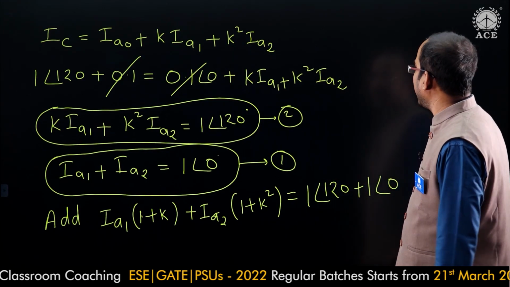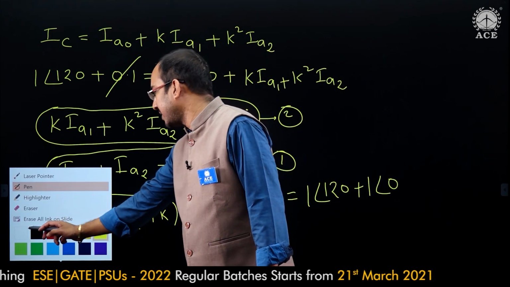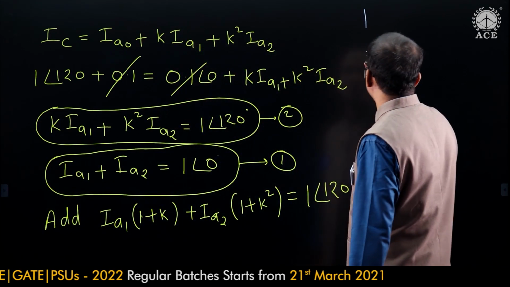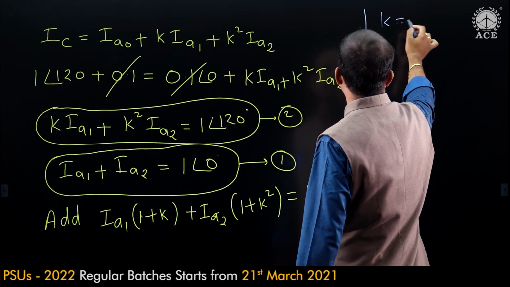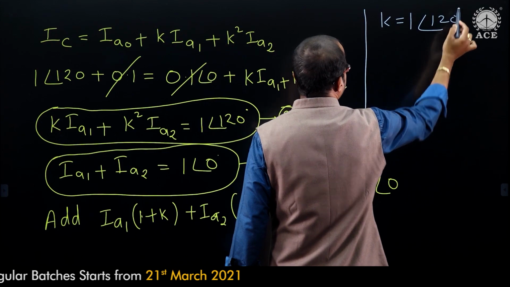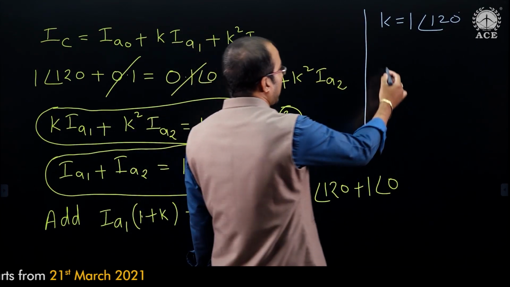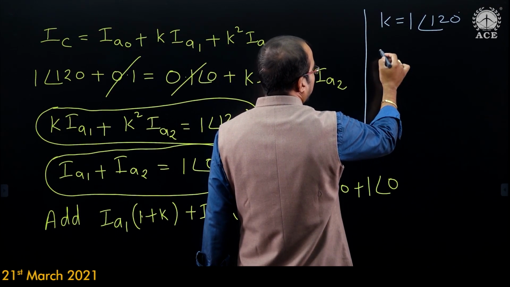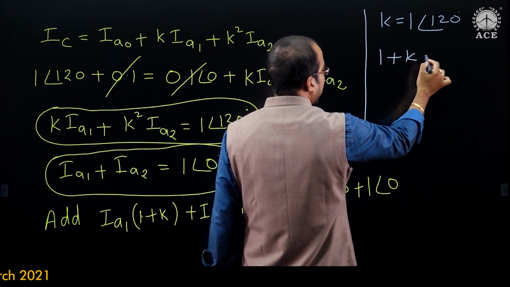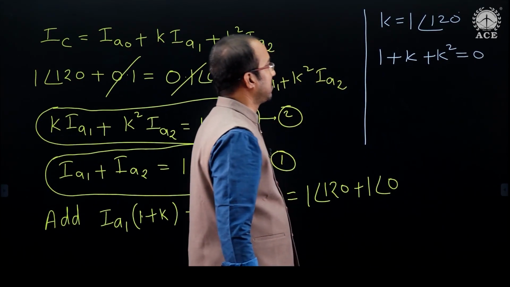If we observe, the operator K has unit magnitude, with a phase of 120 degrees in the anti-clockwise direction, and the result is 1 plus K plus K square equals 0.